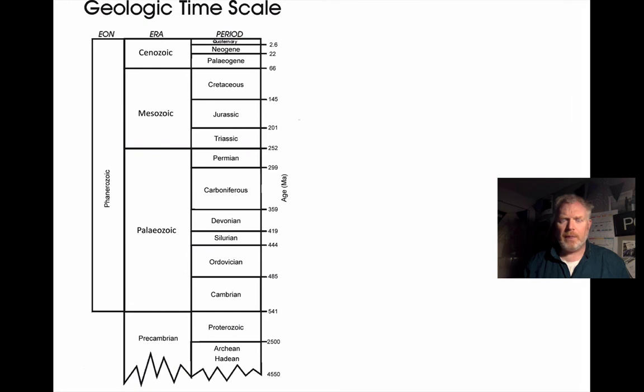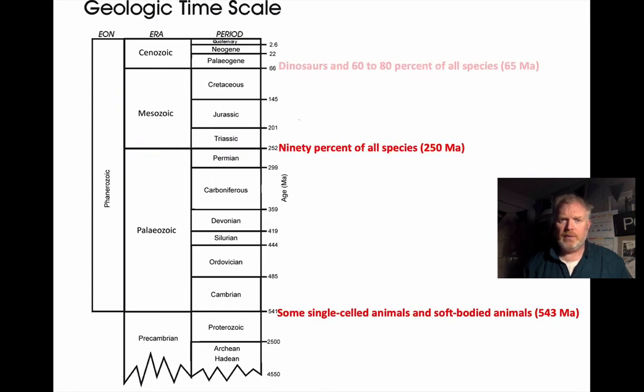First of all, in red, we've got some extinction events. These are fairly major extinction events, and notice how each of these occurs at the end of an era. Eras are marked by major extinction events.